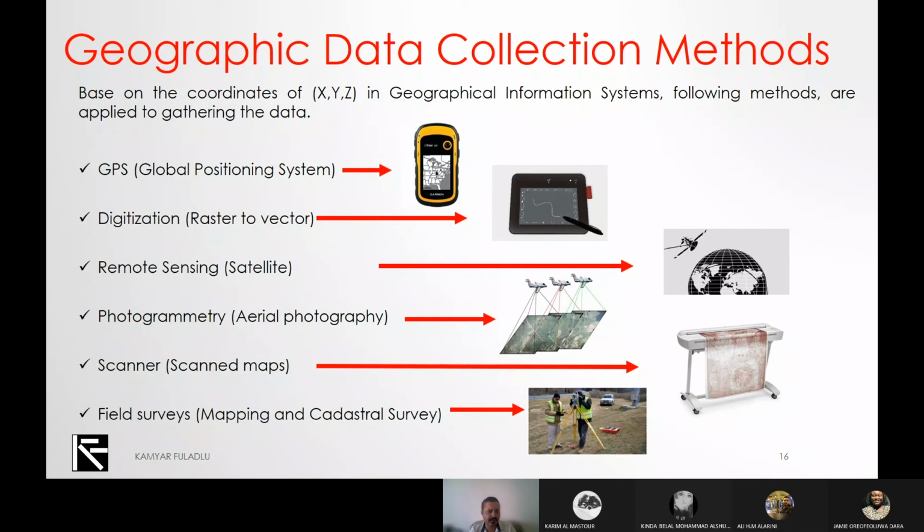We have digitalization. Definitely you have done this digitalization, I believe. They gave you a map, the scanned cadastral map, into your computer, and you just take it into the computer and start to digitalize it.